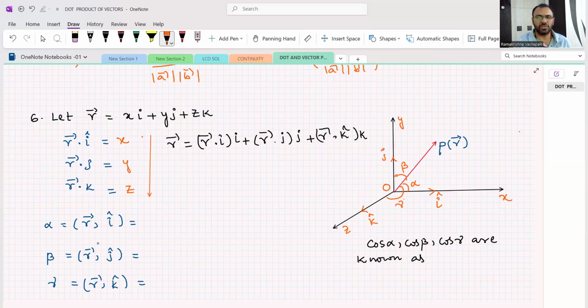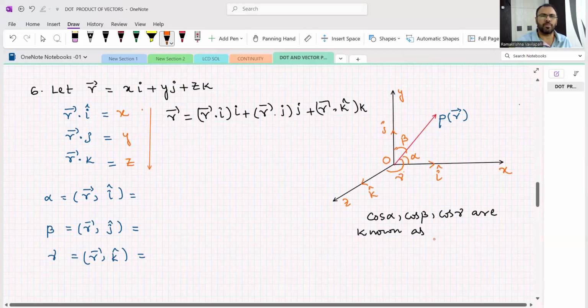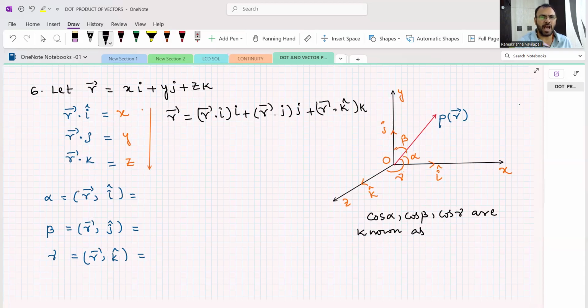So how do we find the angle made by the vector with the positive x axis? The angle between r bar and i cap is cos inverse of r bar dot i cap whole by mod r bar into mod i cap.